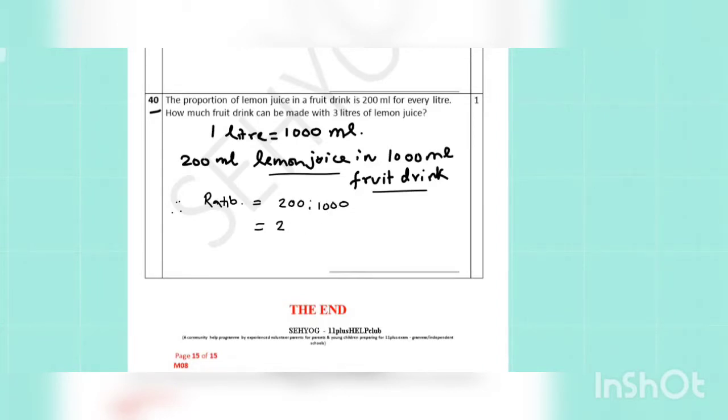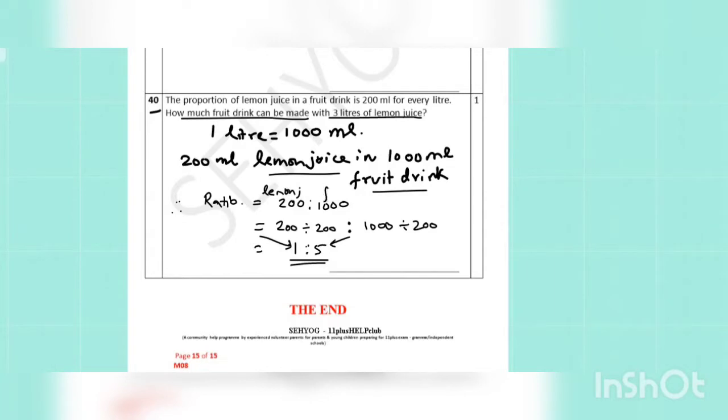When we reduce both the terms by 200, we get 1 is to 1000 divided by 200, that is 5. So 1 part of lemon juice with 5 parts of the fruit drink can be made. So if 2 parts of lemon juice is there, then there will be 10 parts of the fruit drink.